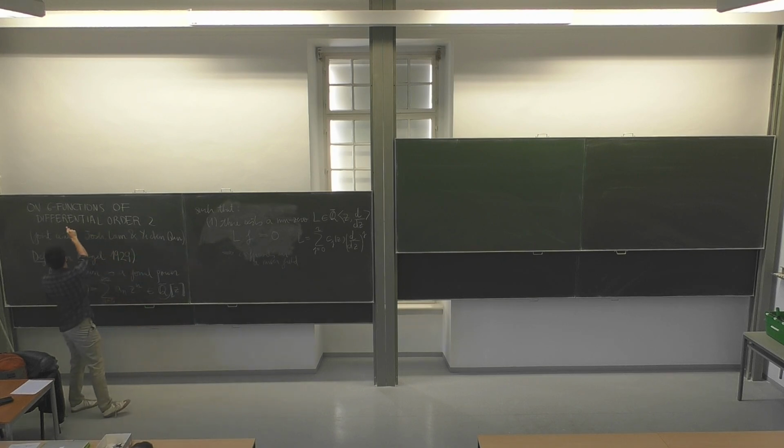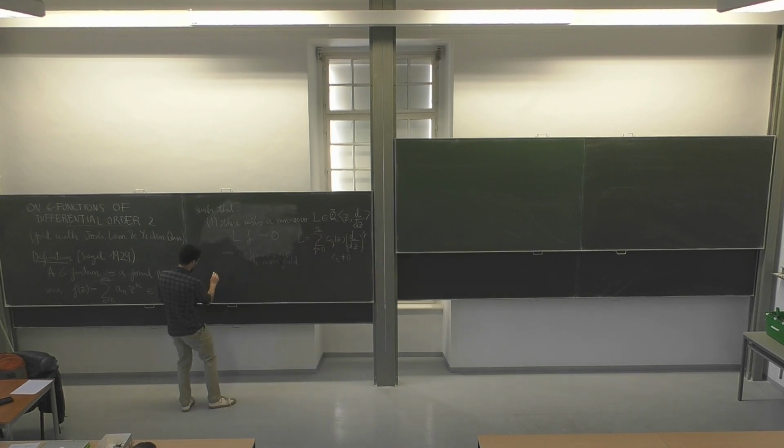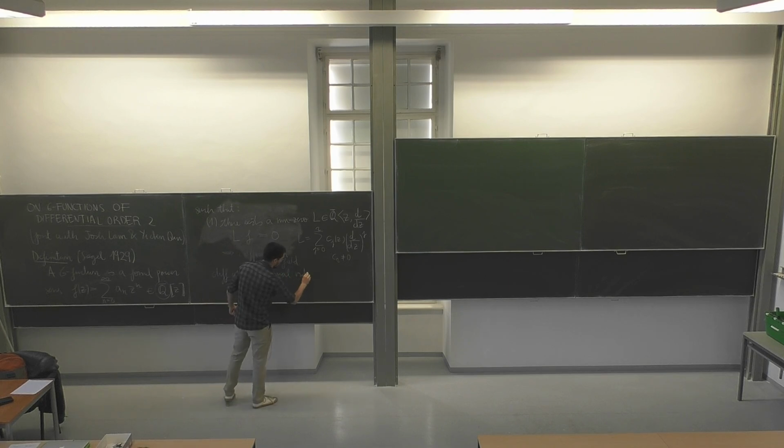And the notion of differential order I'm using here is the order. So if C_r is different from 0, then this is called a differential operator of order r. And the differential order is the minimal order of such a differential operator. Yeah, they are all homogeneous.